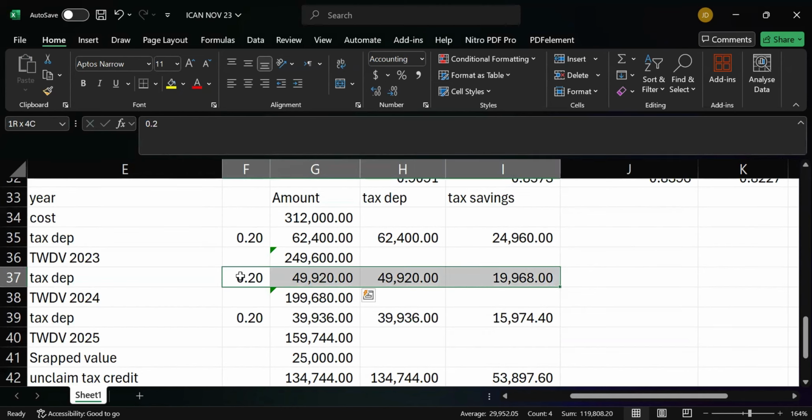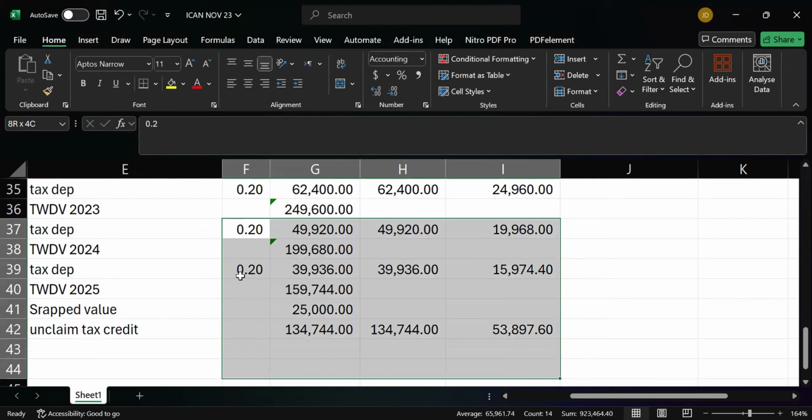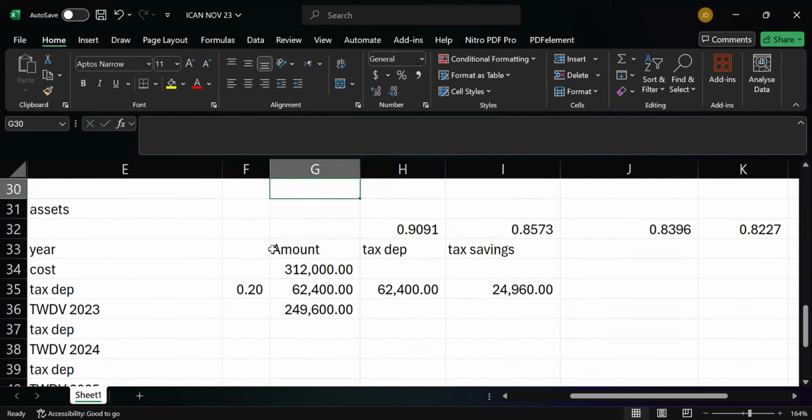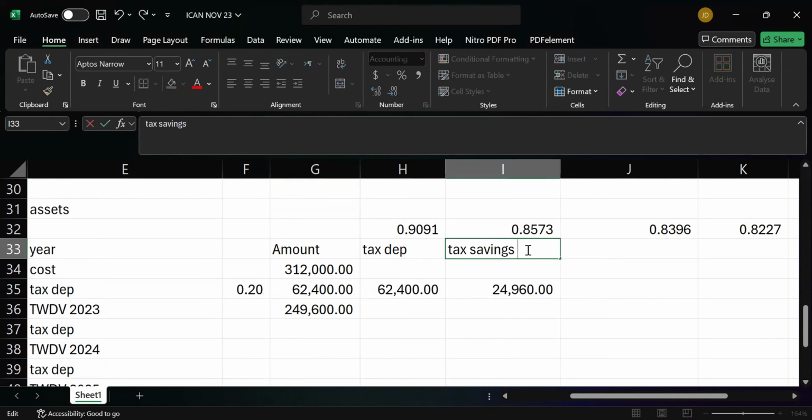Let me take it off from here. So the cost of the asset is 312. And tax depreciation is at the rate of 20%. So tax is at the rate of 40%. So your tax savings will be at the rate of 40%.